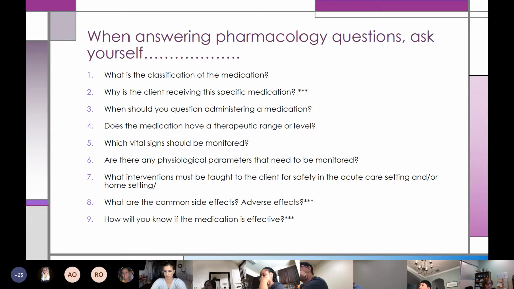The very basics of all common side effects, some adverse effects, and how are you going to know if that medication is effective? All right. So these are just a few questions to think about as you're doing pharmacology, particularly pharm questions. All right.